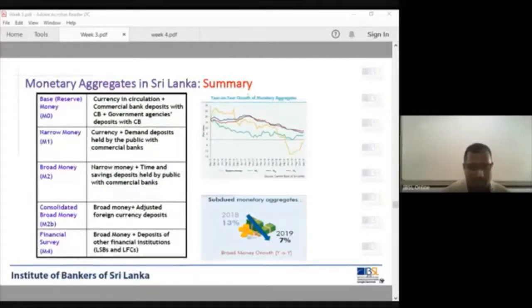Okay. Now I'm dividing this board into two parts. The first part is the monetary aggregates, and the other part is the sources of this money. Can you see the board? At least can you see me? Yes, sir. Okay. So I'm going to write on the whiteboard.